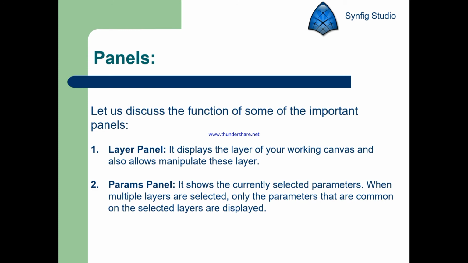Means whichever parameter you are taking, those parameters are loaded in the params panel. The params panel shows the currently selected parameters. When multiple layers are selected, only the parameters that are common on the selected layers are displayed.